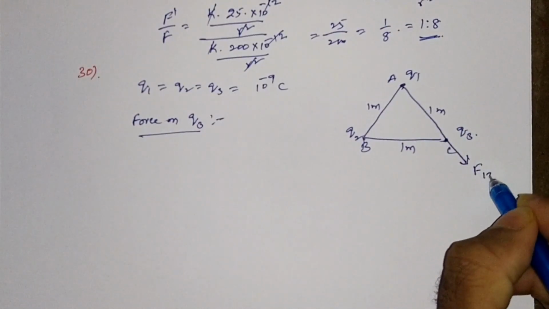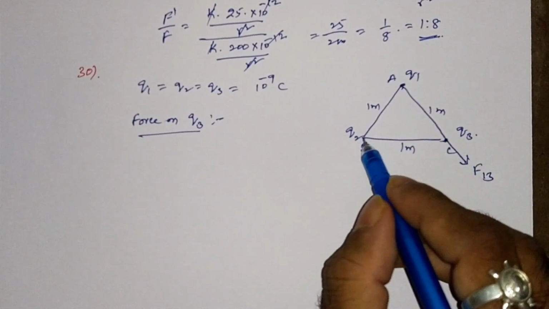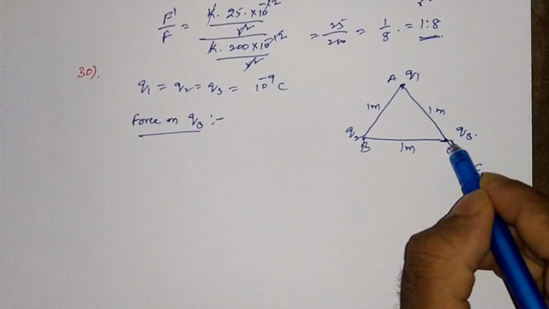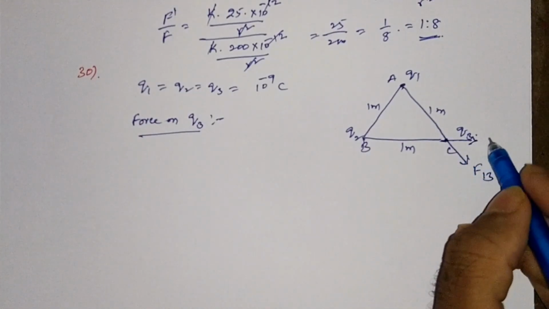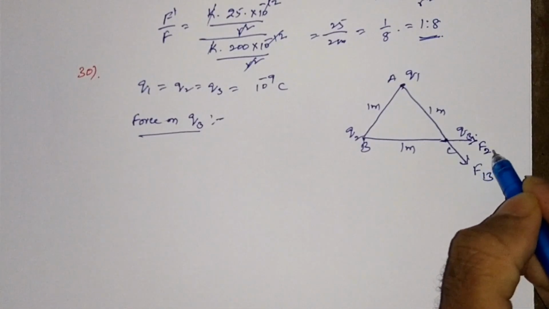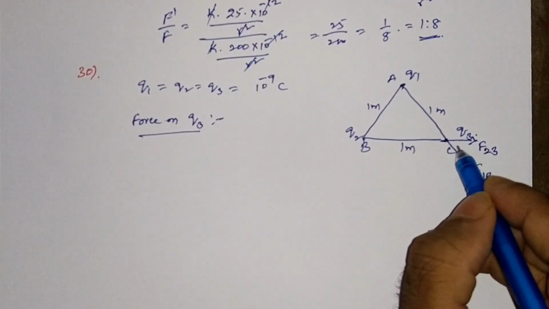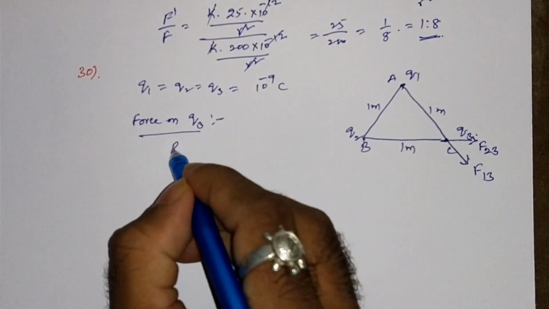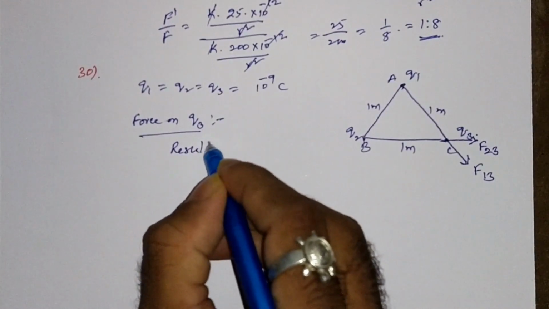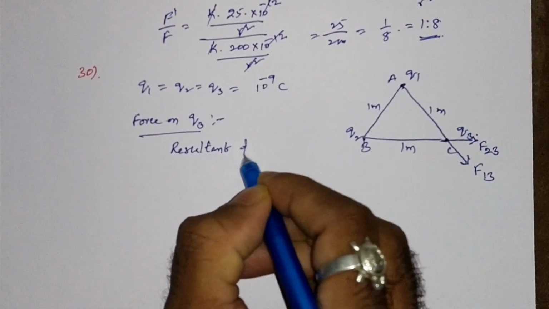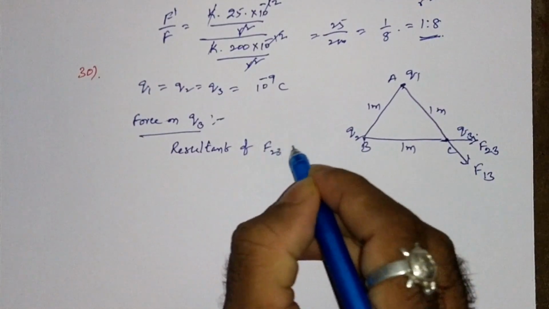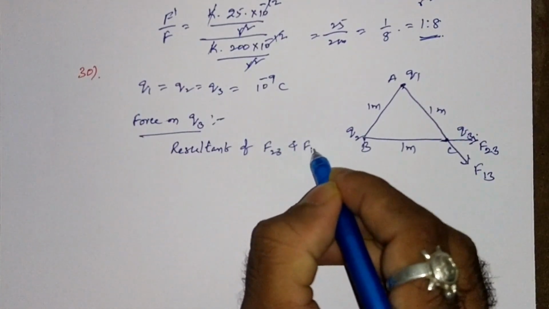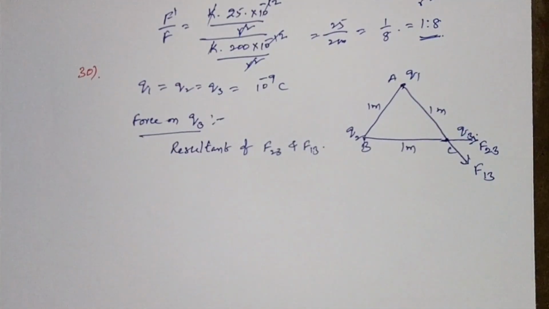This I will take as F13, and similarly Q2 and Q3 repel each other, and the force acts along the line joining them, F23. The resultant of F23 and F13 is the net force.